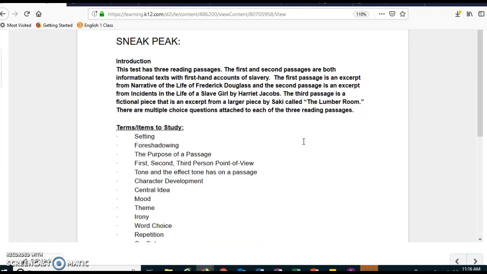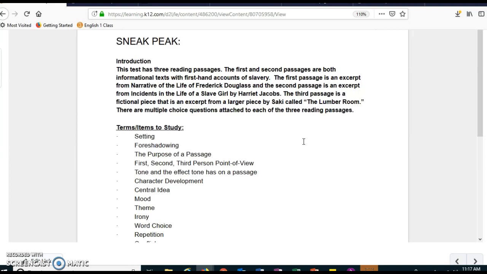Basically, the semester exam is going to consist of three reading passages. The first and the second passage are both informational text with firsthand accounts of slavery. The first passage is an excerpt from the Narrative of the Life of Frederick Douglass, and the second passage is an excerpt from Incidents in the Life of a Slave Girl by Harriet Jacobs.